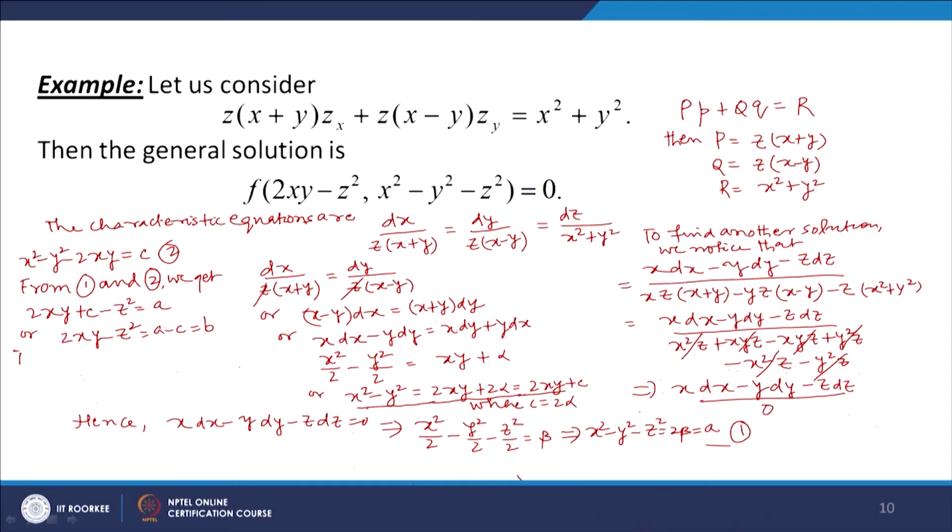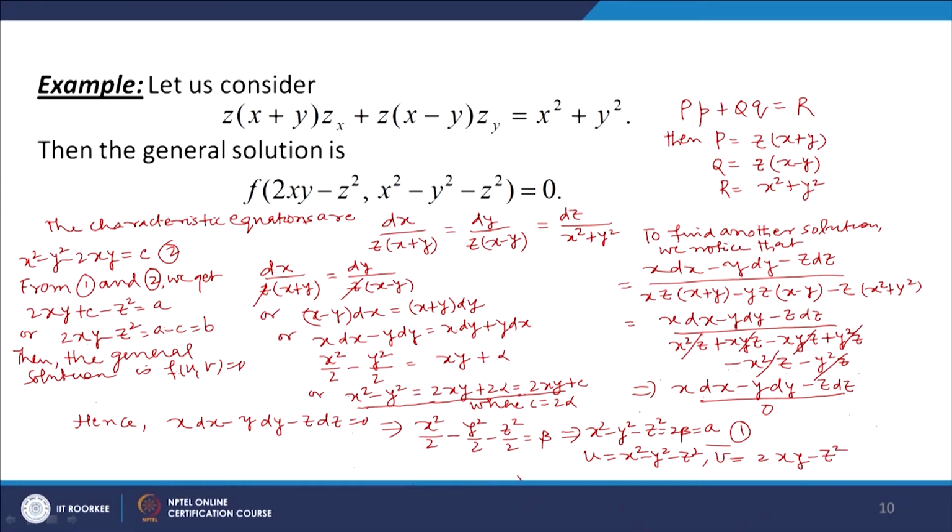So, then the general solution is f(u, b) equal to 0, say u is x square minus y square minus z square, and b we can take as 2xy minus z square.